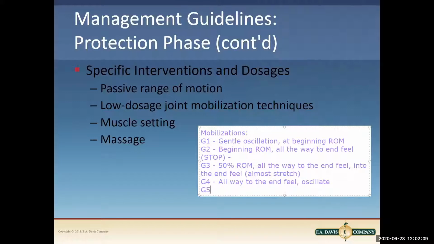And then grade 5s are really high velocity pop mobilizations. Does that make sense to everybody? Is there anyone that has a question about those mobilizations? Questions are good, so if you have them, it's okay.